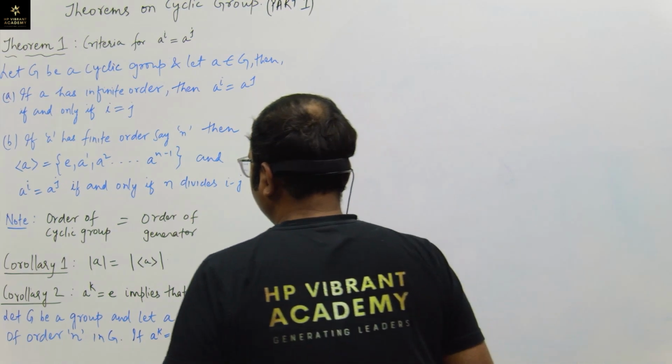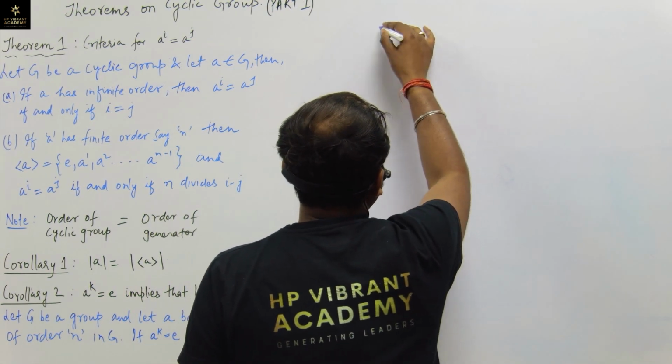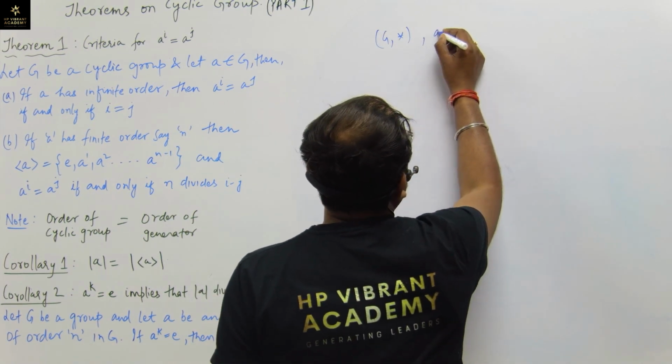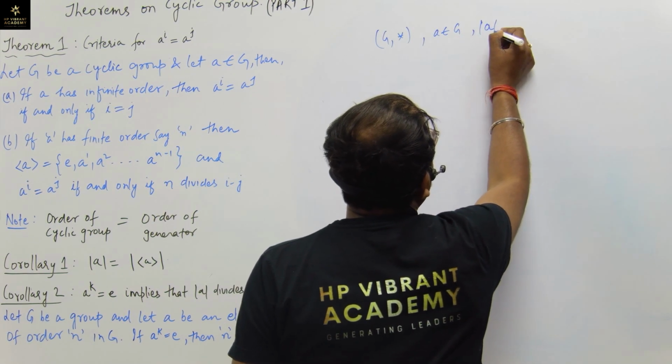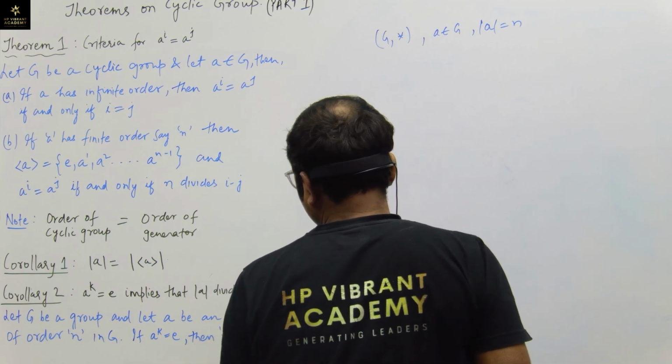So let G be a group, a group under operation star, and a be an element of order n. So a belongs to G, and the order of a is equal to n. If a to the power k is also e, then n divides k.